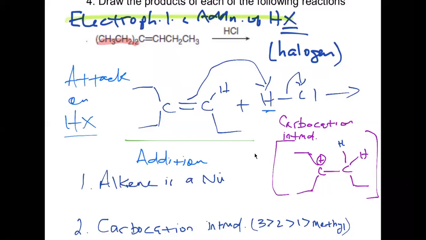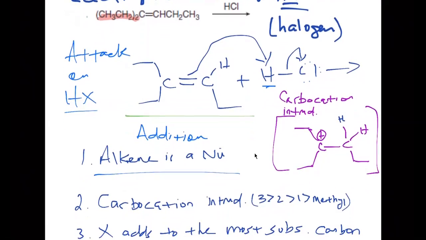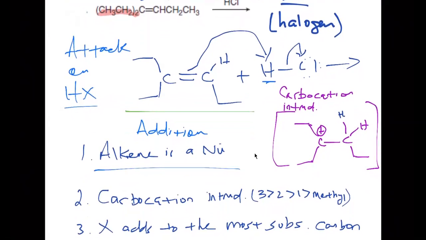And by the same token, you break the HCl bond. That leaves chlorine with a negative charge, which I have shown somewhere else. In all of these reactions, your alkene is acting as your nucleophile. And in this particular reaction, it's stepwise, and it goes through a carbocation.